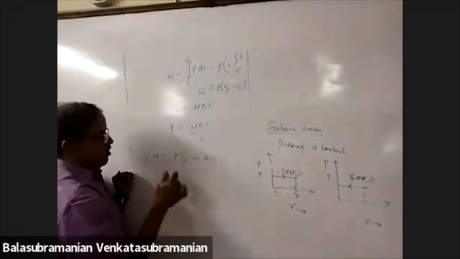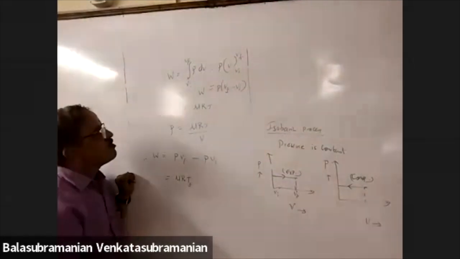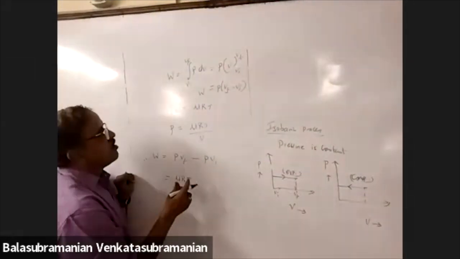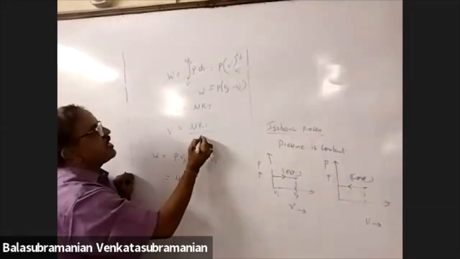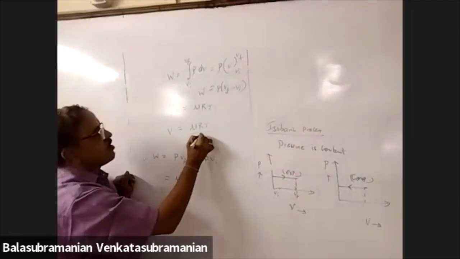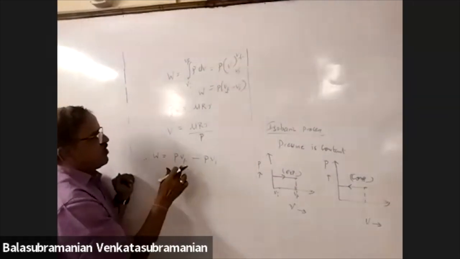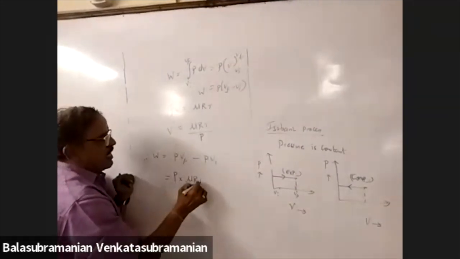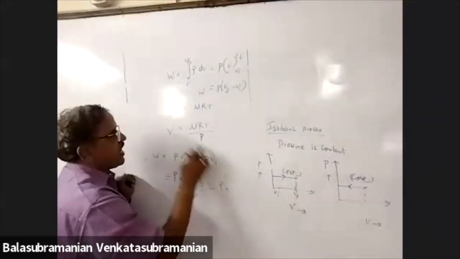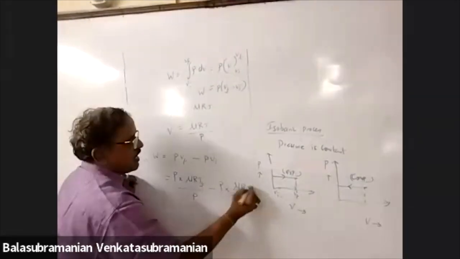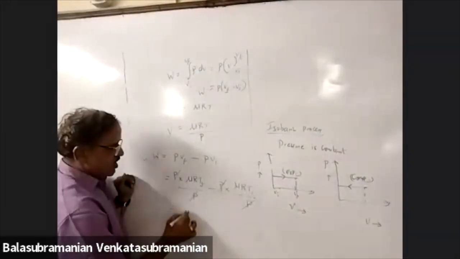What is Vf? mu R Tf by P, minus, what is Vi? mu R Ti by P. P cancels. mu R constant.